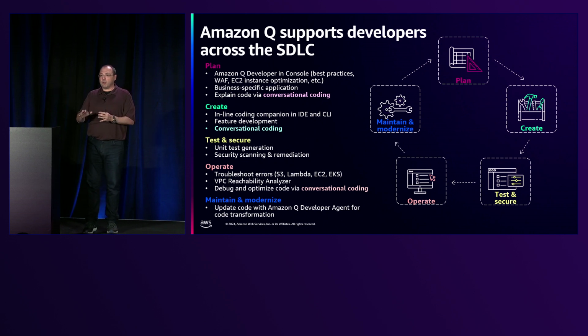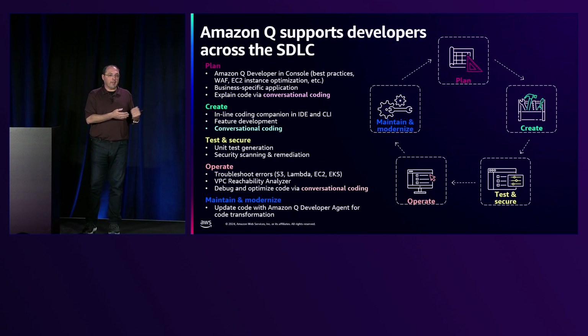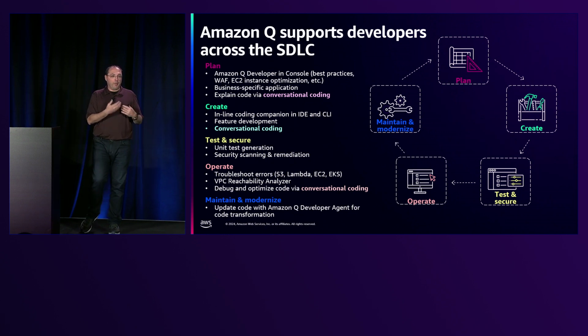Let's conform to the way that our company is building software, other pieces of software, to have a consistent architecture. We can use that as input if we're using EC2. Maybe we look at what instance sizes are appropriate. And so Q Developer can help with that type of activity as well.